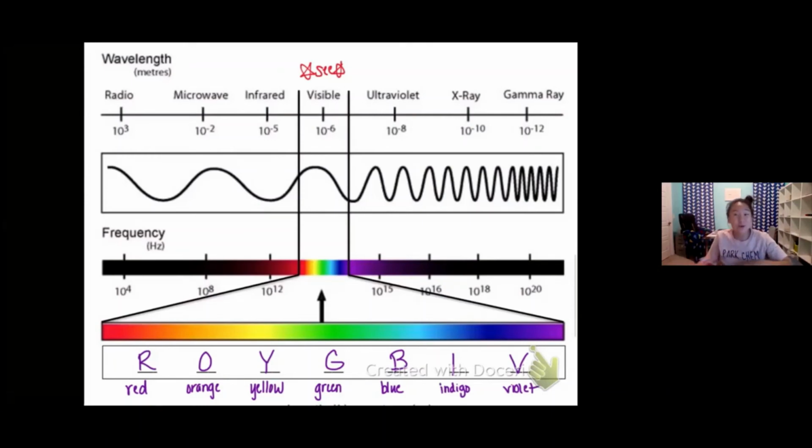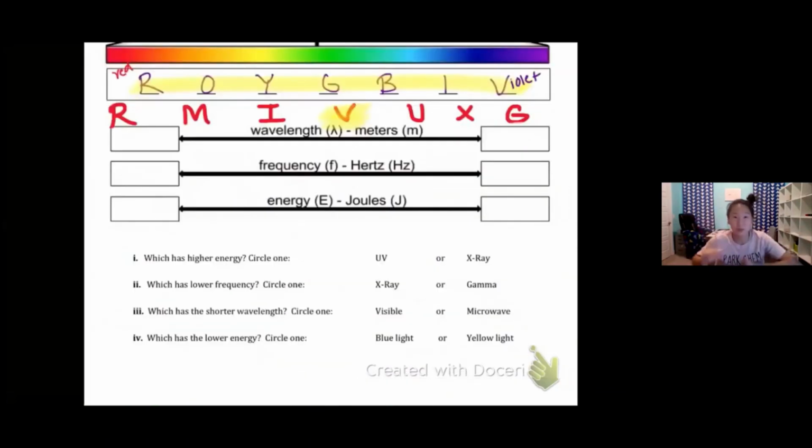So now we can apply what we learned, the vocabulary words that we learned before, and apply it to our 7 different types of radiation. Okay, so I sort of rewrote it down below here. So R, M, I, V, U, X, G, and then your 7 colors I highlighted in yellow here, so you know it goes with this visible light. Okay, so on the radio side, if you look at the picture, you know that it has a long wavelength.